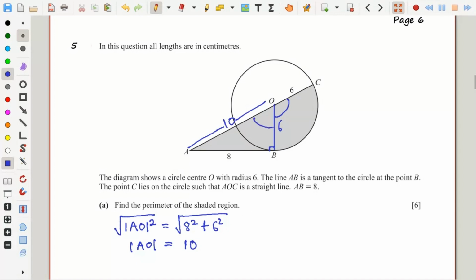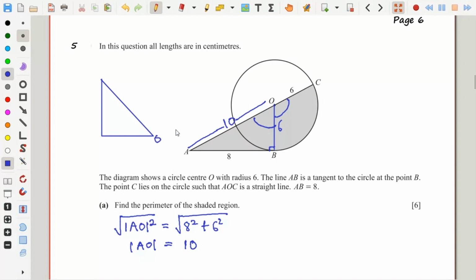Mind you, you can also find the angle at this side, because it's a right angle triangle. So basically, you have something like this. I'm just turning it upside down so you can see clearly.